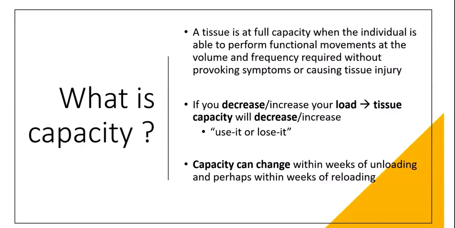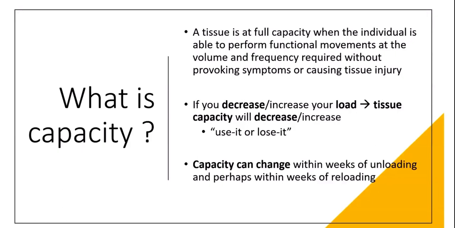If you decrease the load, automatically the tissue capacity will decrease. If you increase the load, automatically the tissue capacity will increase. Use it or lose it. Actually, that's the key element. Use the tendon or lose the tendon.